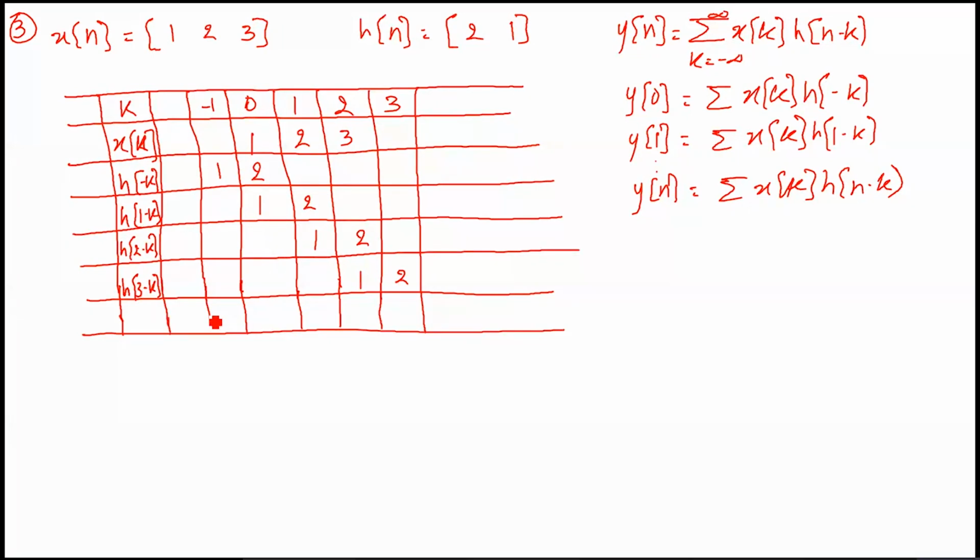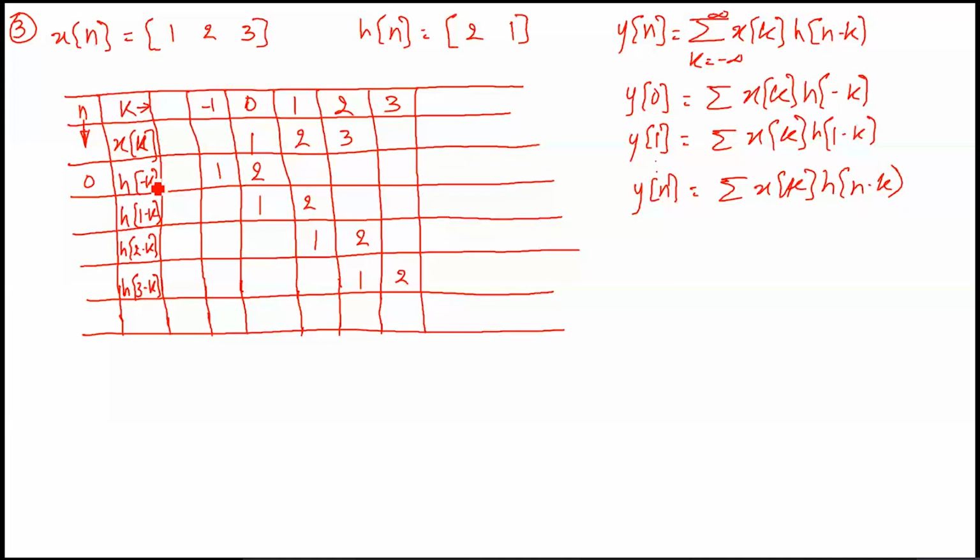So in this method, we need to just fill in this table. Now, if you notice, this is h of minus k, just like we have this summation here, and this is related to the n that we have. Y of n, where n is 0, will be this. Y of n, where n is 1, is this. So k is sort of here. If we write n here, this is basically for n is equal to 0, 0 minus k.